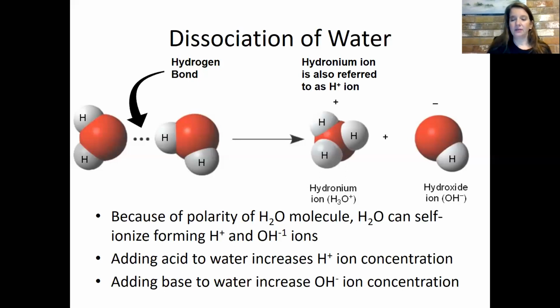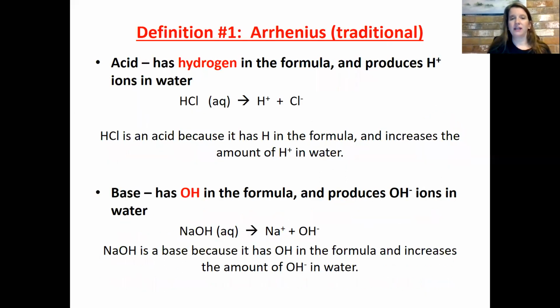Now, because of that dissociation, the acid, when it dissociates, is always going to increase the amount of hydrogen ions, and the way that the base dissociates is always going to increase the hydroxide. So our first definition is the Arrhenius definition. This basically goes with what those images were showing at the beginning.